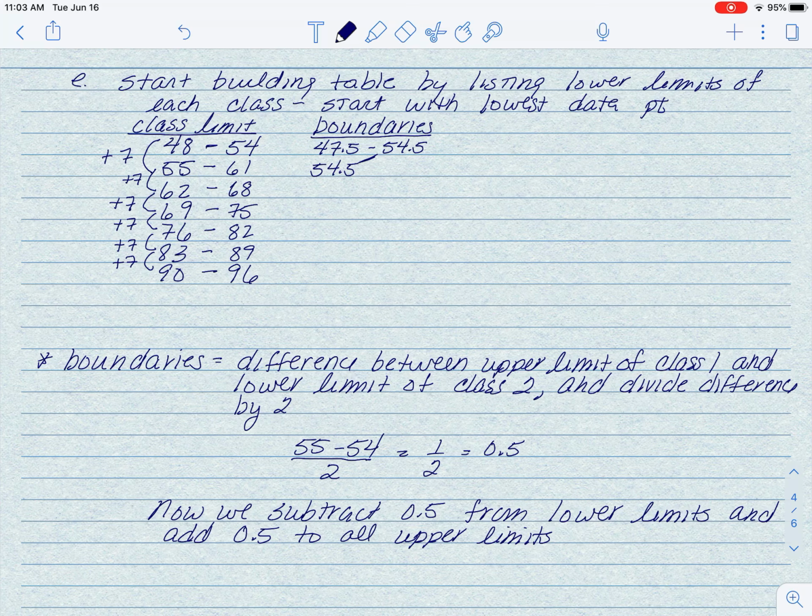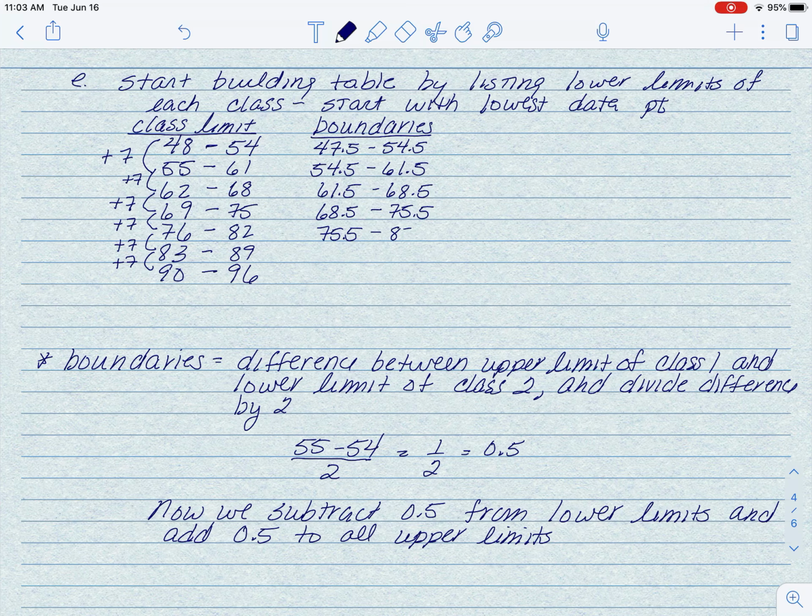And notice on boundaries, this upper and lower have now come to equal each other. And that's important. That'll only happen on boundaries. It can't happen on limits. It can only happen on boundaries. And then this is going to go to 61.5. Then we're going to start over here at 61.5 and go to 68.5. And then 68.5 to 75.5.